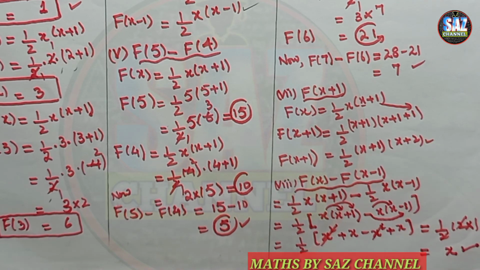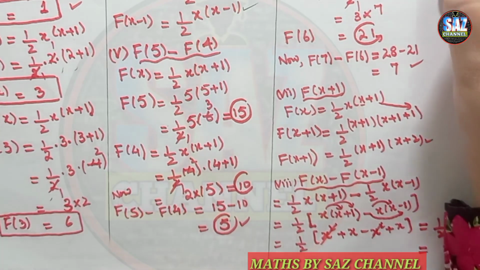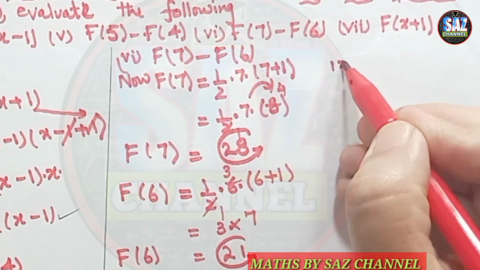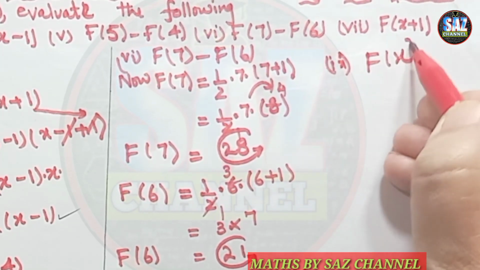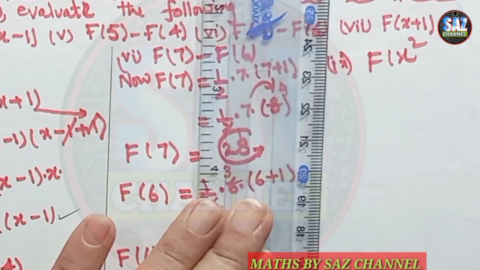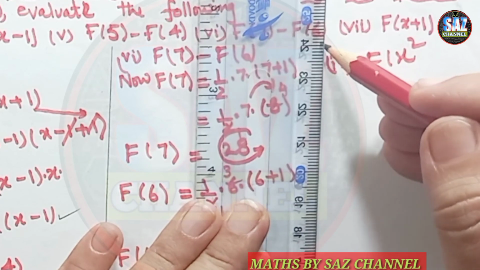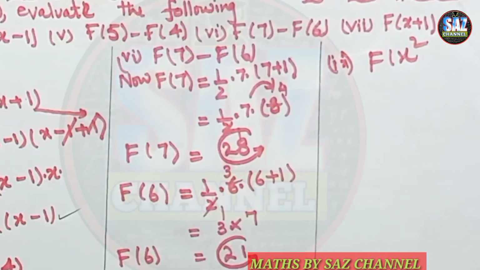Really easy question. Let's move to the last part of the question, that is f of x square. That means that instead of the variable of the question, we have to replace x by x square.